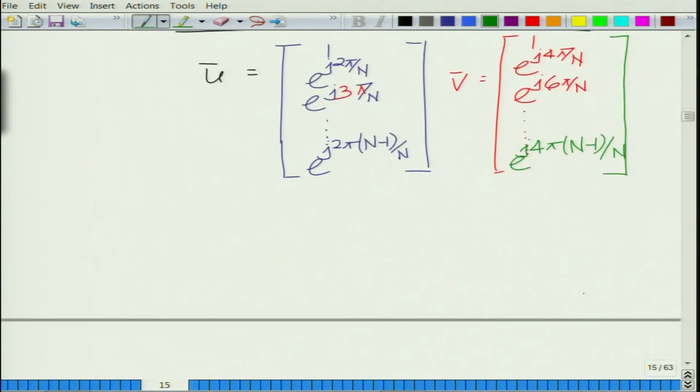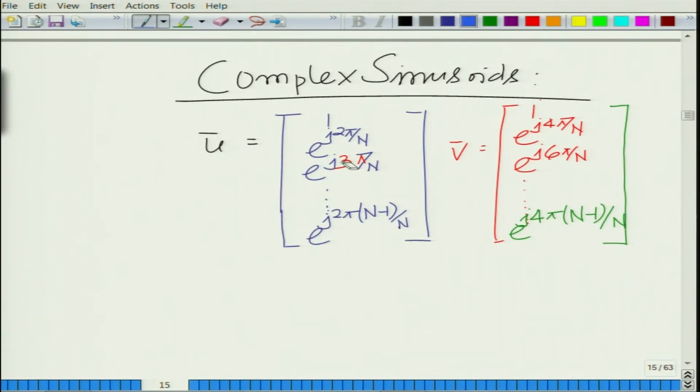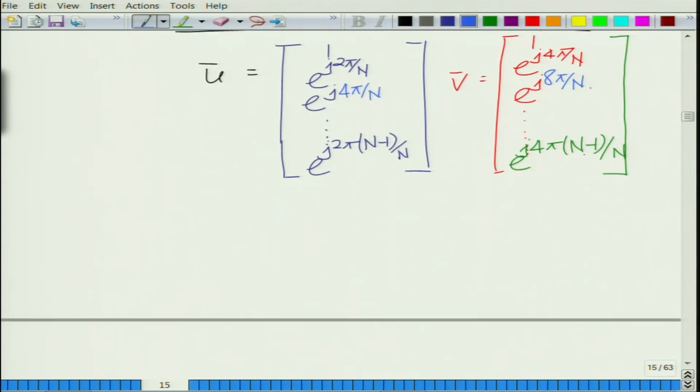I am sorry, let me make this again. This has to be 4 pi over n, and this has to be 8 pi over n. Essentially, these are two complex sinusoids.